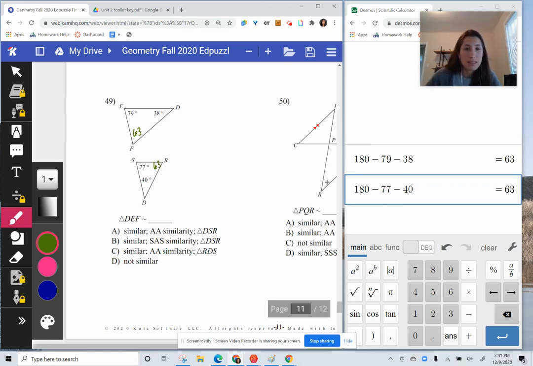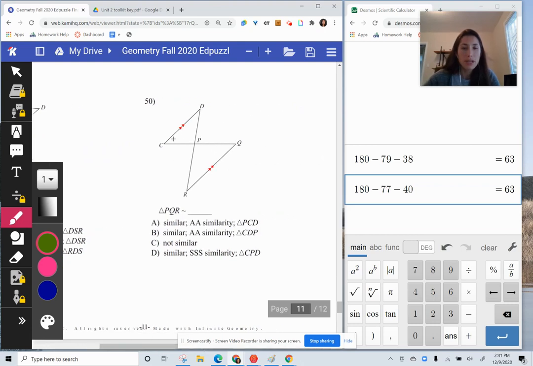So we've got two angles that are 63, that's the same, but 77 and 79 are not the same, and our 40 and 38 are not the same. So these are not similar. You need two angles that are the same to prove the triangles are similar.